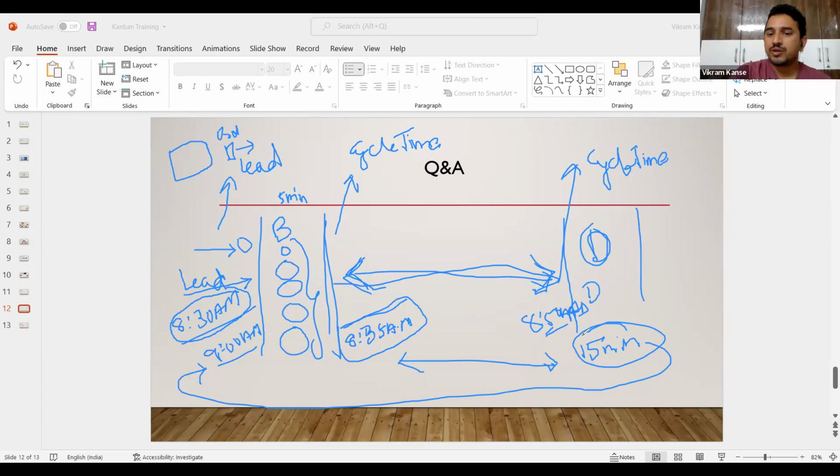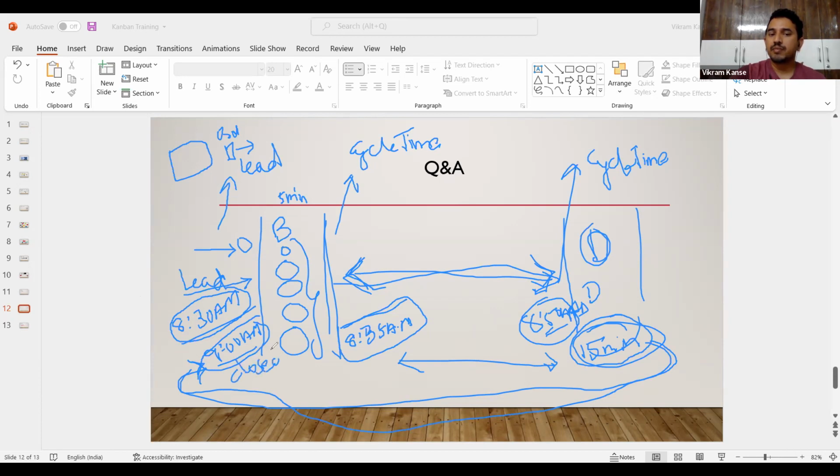So from 8:35 a.m., you spend 15 minutes of time and you finish at 8:50 a.m. The moment your work on the pizza is completed, that is when your cycle time ends. So your cycle time was 15 minutes there. And from there, by the time it is delivered back to your customer, it is 9 a.m., which means that is when your lead time gets closed.